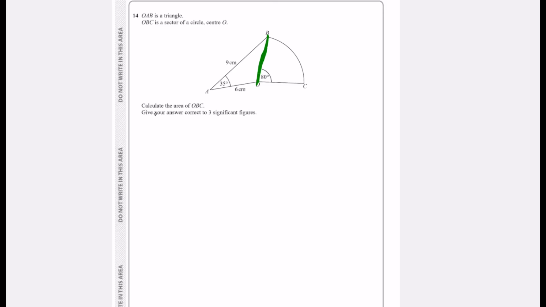So the cosine rule says that a squared equals b squared plus c squared minus 2bc cos a. So big A is our angle, little a is opposite big A, and the other 2 lengths, either way round, are called b and c. So let's substitute in.